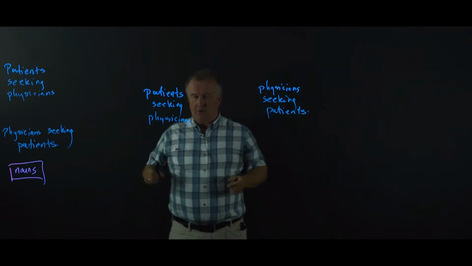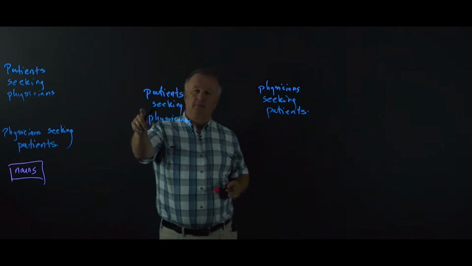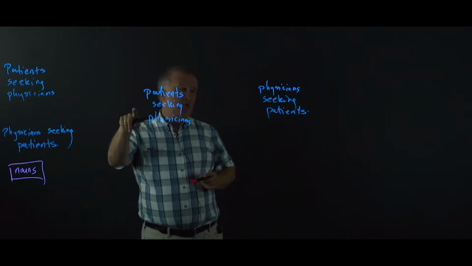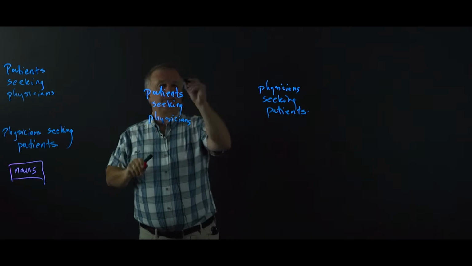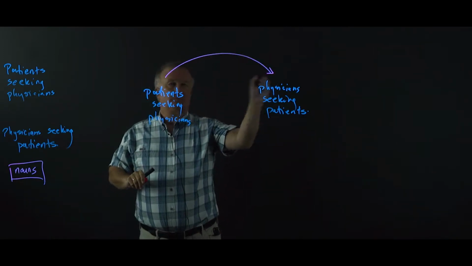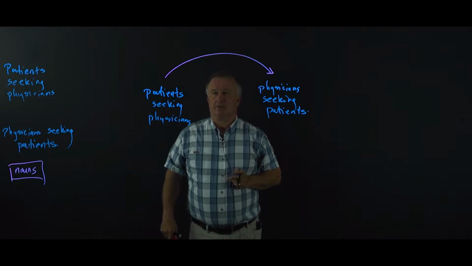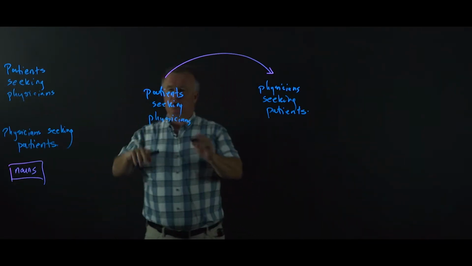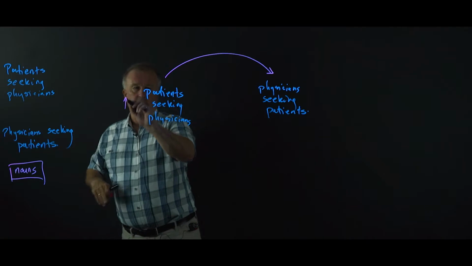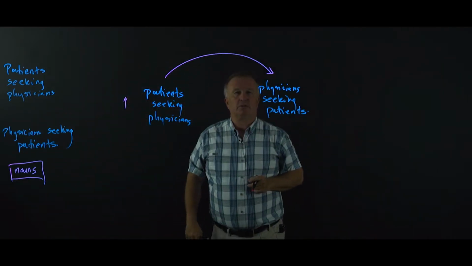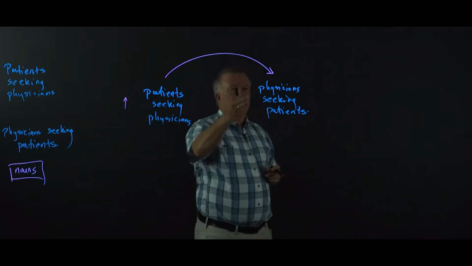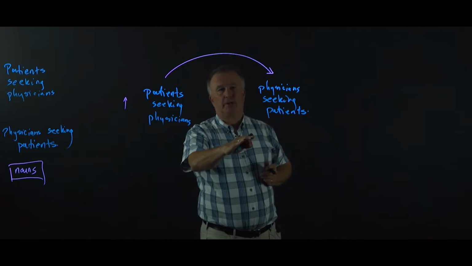And you could come to me and say, okay, so what if the number of patients seeking physicians increases? Okay, so in other words, if I had a positive change, the number of patients seeking physicians increased, what's the effect on physicians seeking patients?